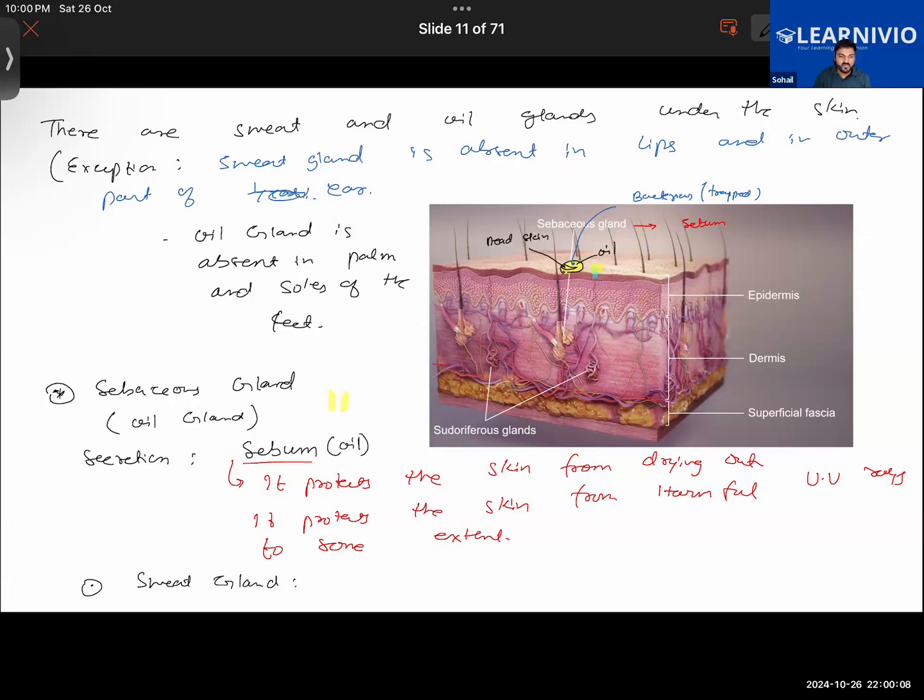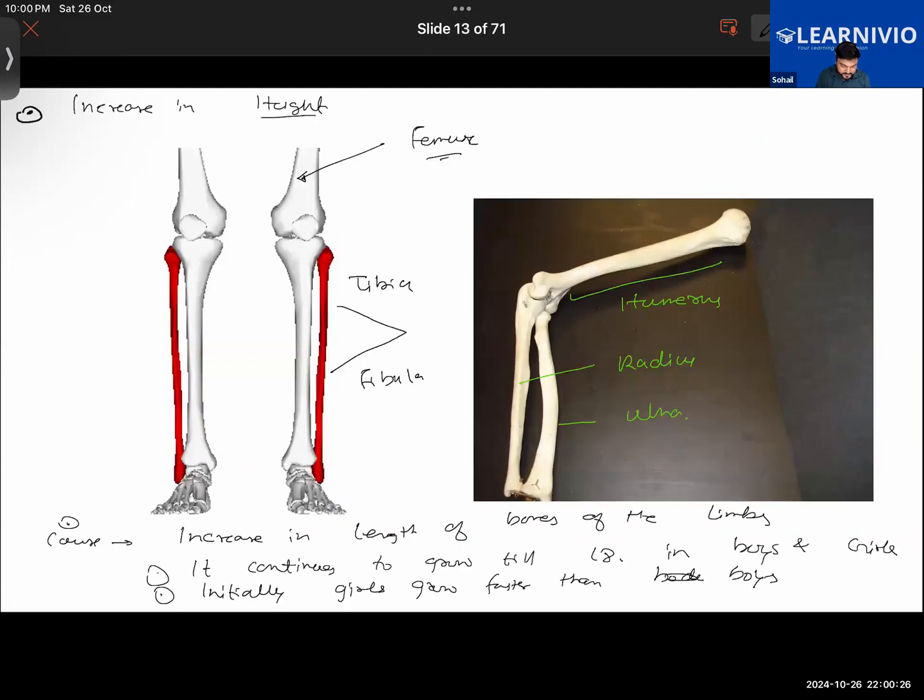For example, oil is nutritious. It serves as a nutritious medium for the bacteria to feed upon. So bacteria will start to feed on it, and that will lead to acne, pimples, etc. Getting it? So that is one thing.